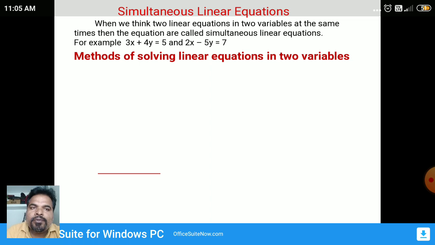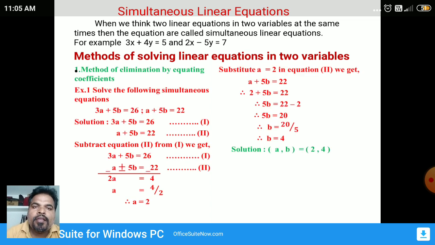Now we find the solution of simultaneous equations. There are various methods to solve linear equations in two variables. Now the first method is the method of elimination by equating coefficients.